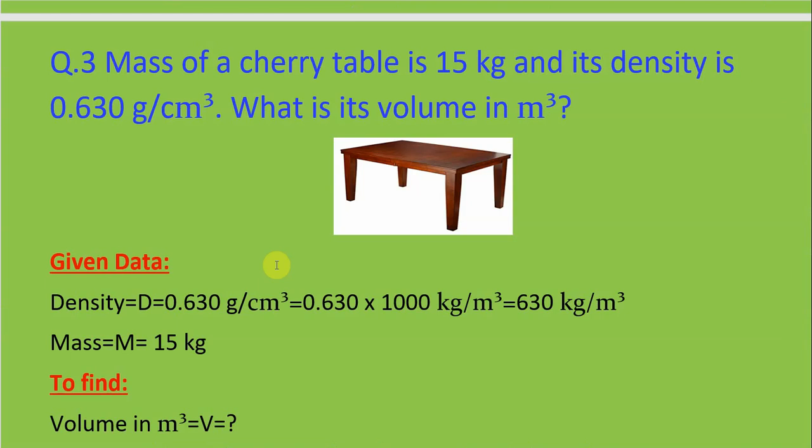Mass of a cherry table is 15 kilogram and its density is 0.630 gram per cubic centimeter. What is its volume in meter cube? So remember, already mass is given here and already density is given here.